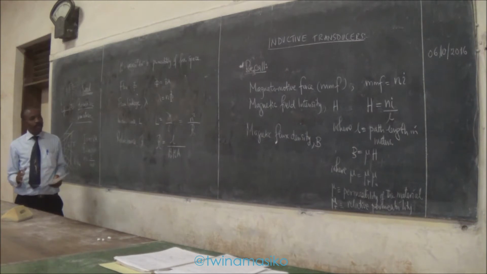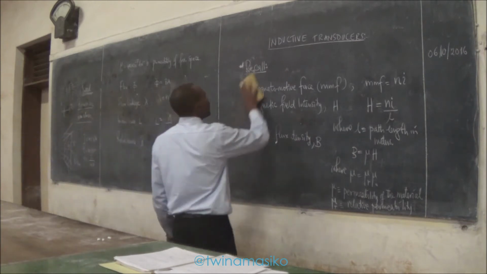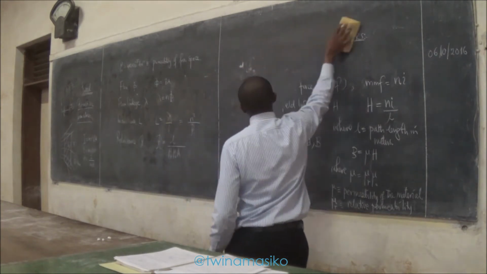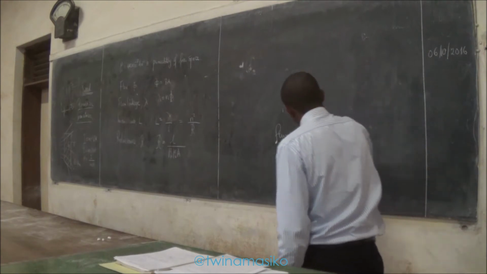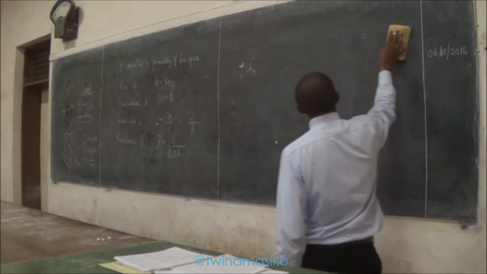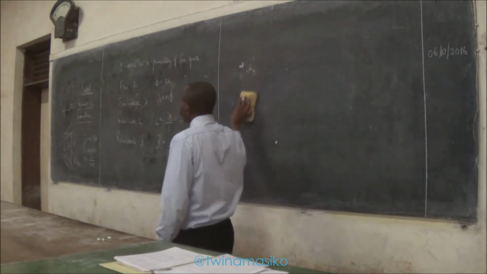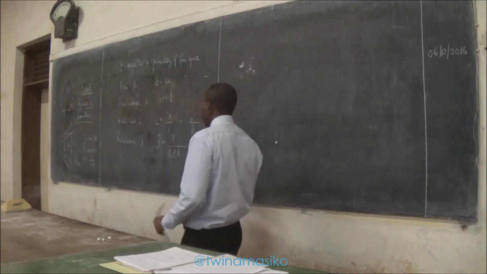So we can compare the parameters in the electrical part and in the magnetic part, so that if we use the Ohm's law analogy, we see what we compare with flux, what we compare with the magnetic linkage.